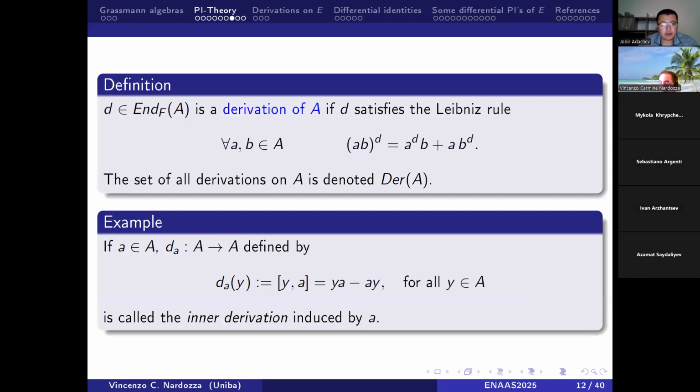An easy and always available example is constituted by the so-called inner derivation induced by a chosen element of the algebra. Take any element A in the algebra, and then define this map, sending any element Y in A into the Lie product, the commutator of Y with A, that is YA minus AY for all Y in A. This is linear.